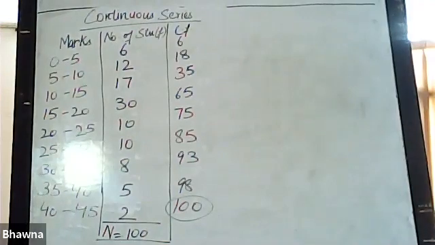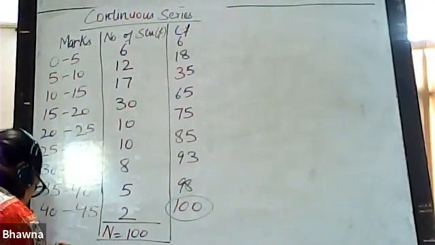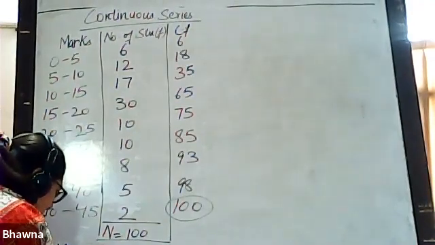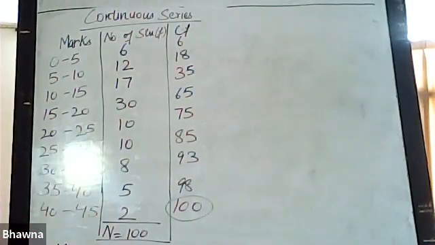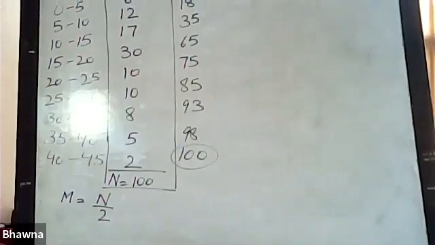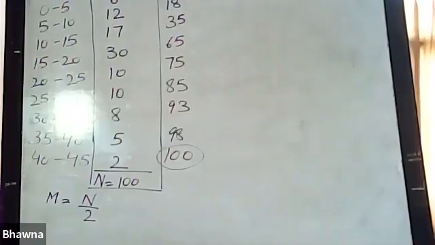Now we have to apply the formula of median, that is M is equal to n divided by 2. In continuous series the formula is n divided by 2.